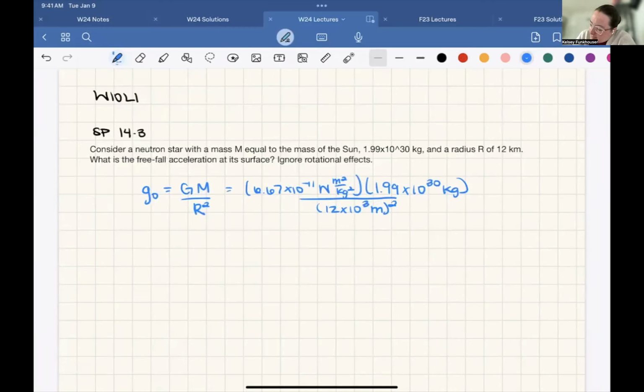And that gives us a ridiculous local gravitational acceleration, 9.22 times 10 to the 11 meters per second squared.